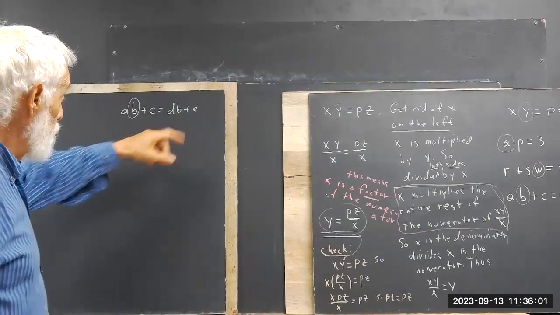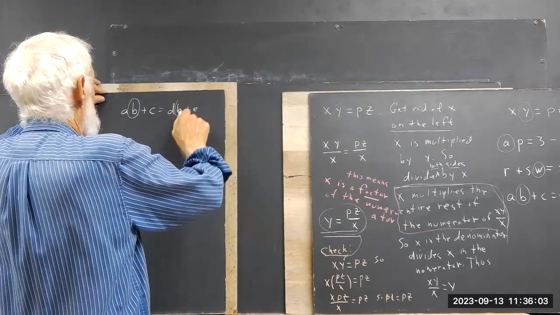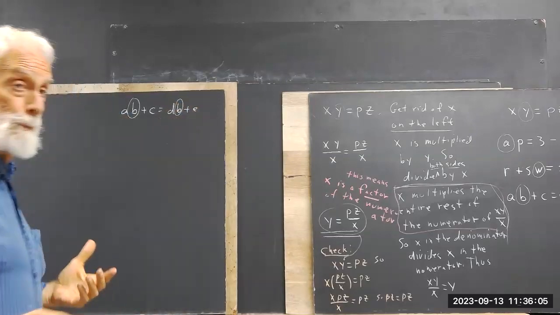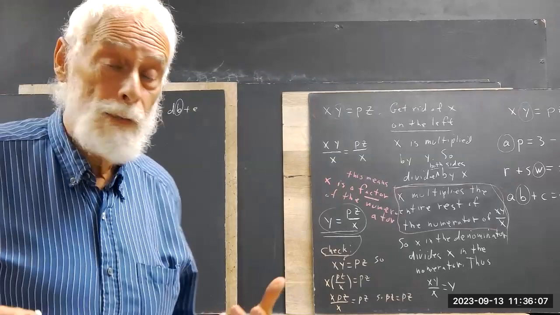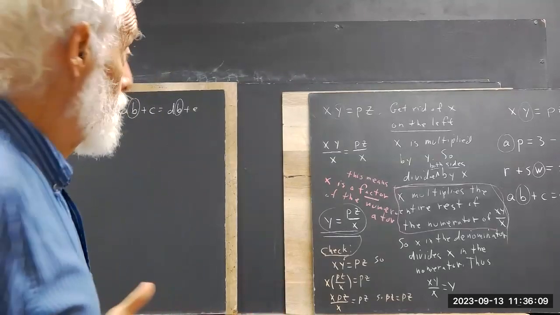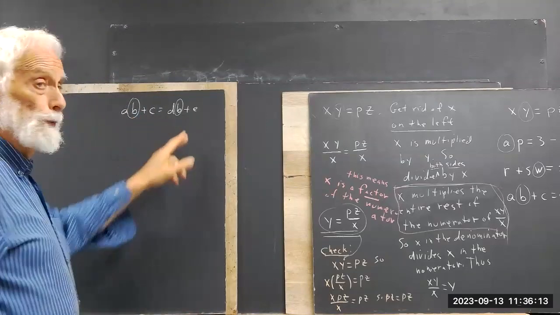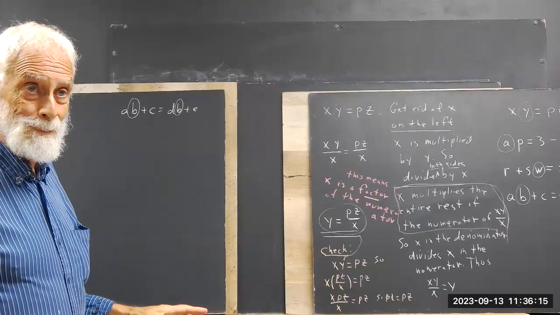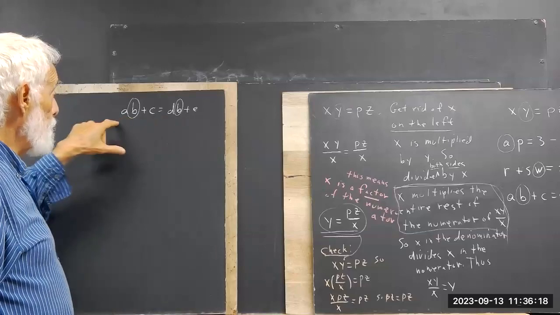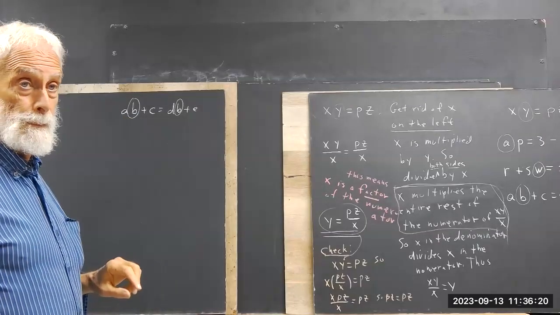Now we got another B over here. So I'm going to circle that and remind myself I've got them on both sides. Now what am I going to do about that? Well, if my B's are split between two sides, I can't do anything. I need to get everything with a B in it over on the left.